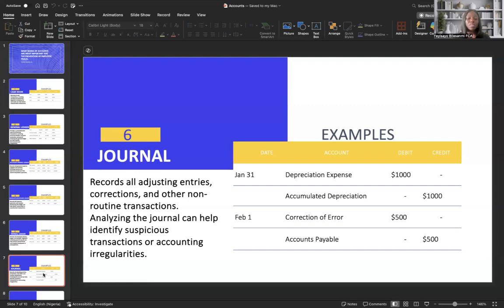Journals help us to identify suspicious transactions and accounting irregularities, because when you look at your journal, journals carry two entries. You have the debit side and the credit side of the journal entries. Let's look at this example, for instance. Let's say you made sales to Mr. John of $100,000, for instance, and Mr.